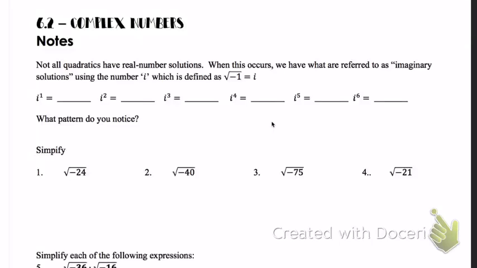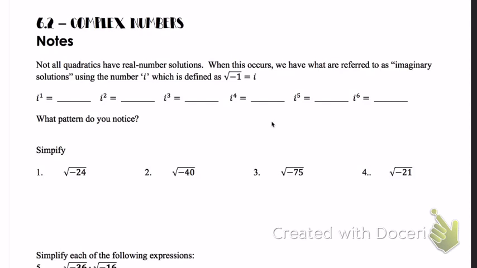Okay, 6.2, complex numbers. So we are about to embark on a journey of a completely new set of numbers called imaginary numbers. So we now have i's and things, and do not be scared by the i.